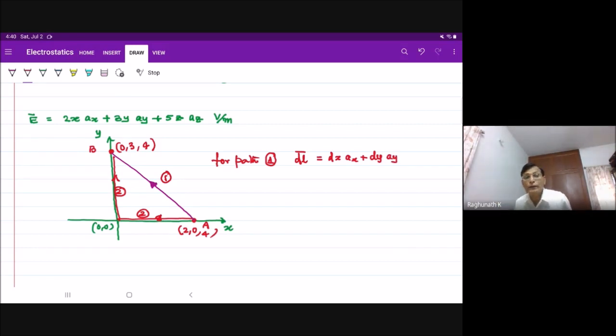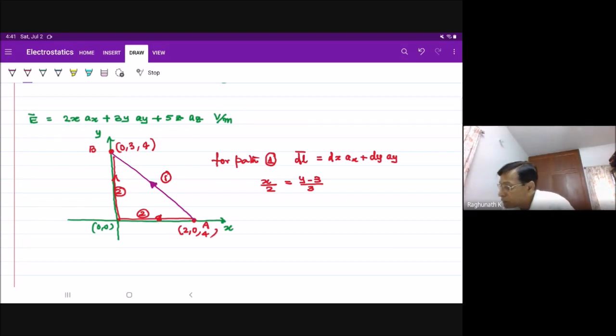And what is the line equation? x by 2 is equal to (y minus 3) by minus 3, correct?